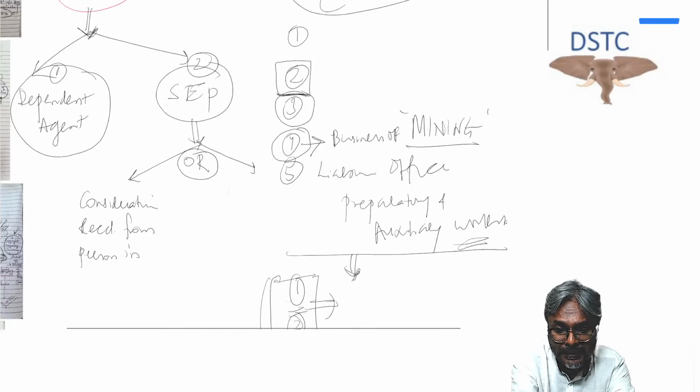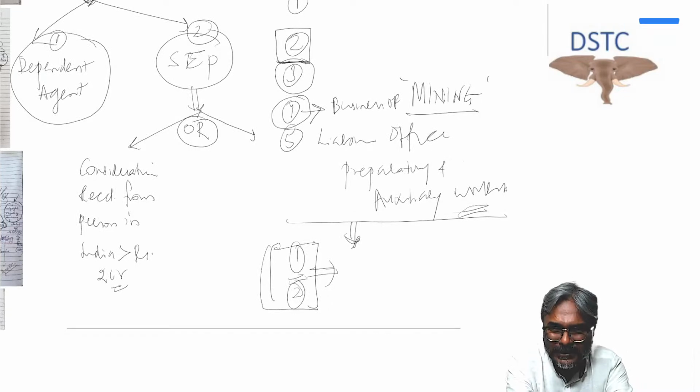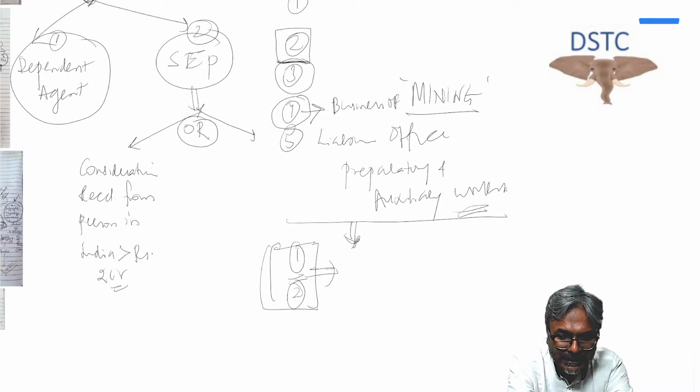How much is the consideration amount, friends? It is greater than rupees 2 crore. For supply of goods and services, the non-resident is receiving the consideration from a person in India of more than rupees 2 crores.